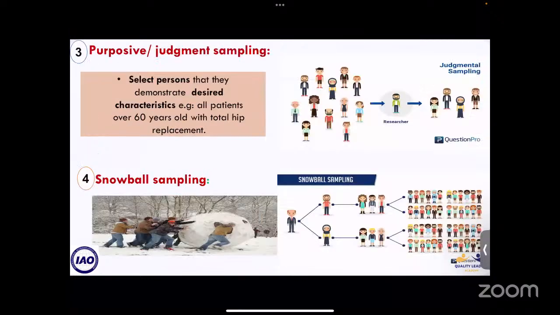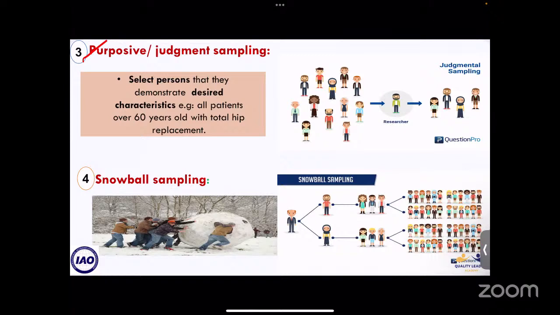Okay. Let's move on to another non-probability type, which is purposive or judgment sampling. Defining the criteria for selecting a sample from a certain population is the core of the sampling process, whether it's random or uses the snowball method.